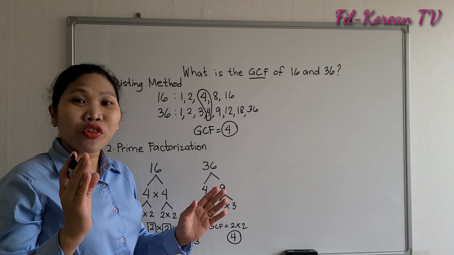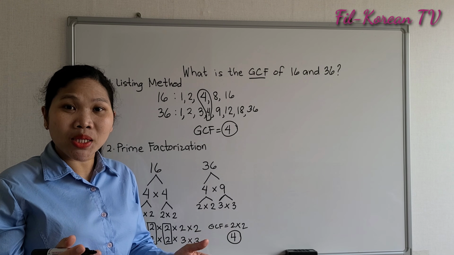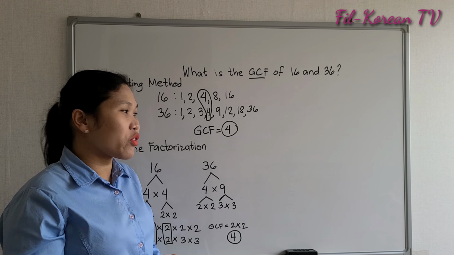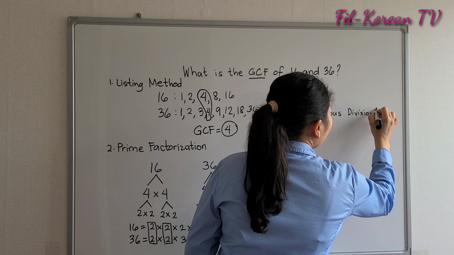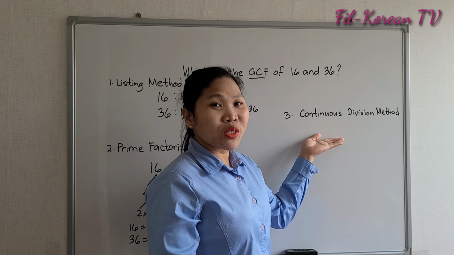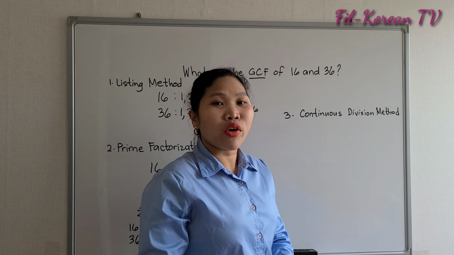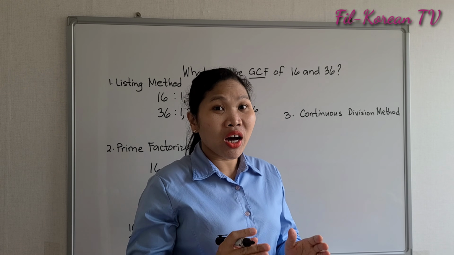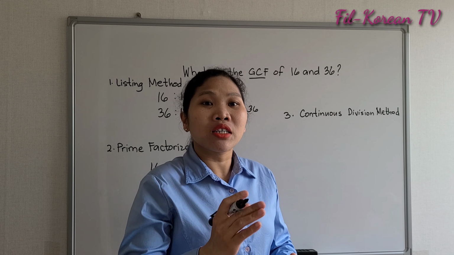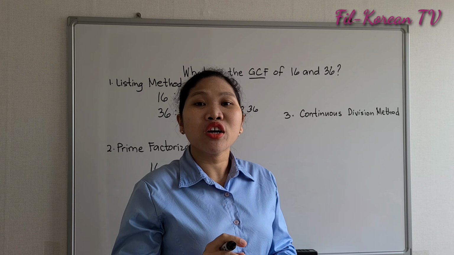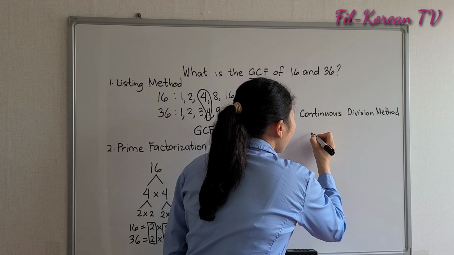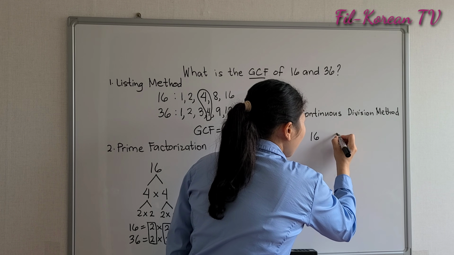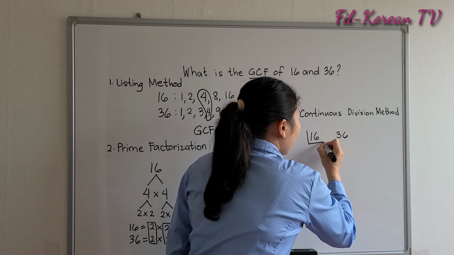Let's proceed now to the third method, which is the continuous division method. In this method, we are going to divide the given numbers repeatedly by their common prime factors. This method is done like this. 16, 36.